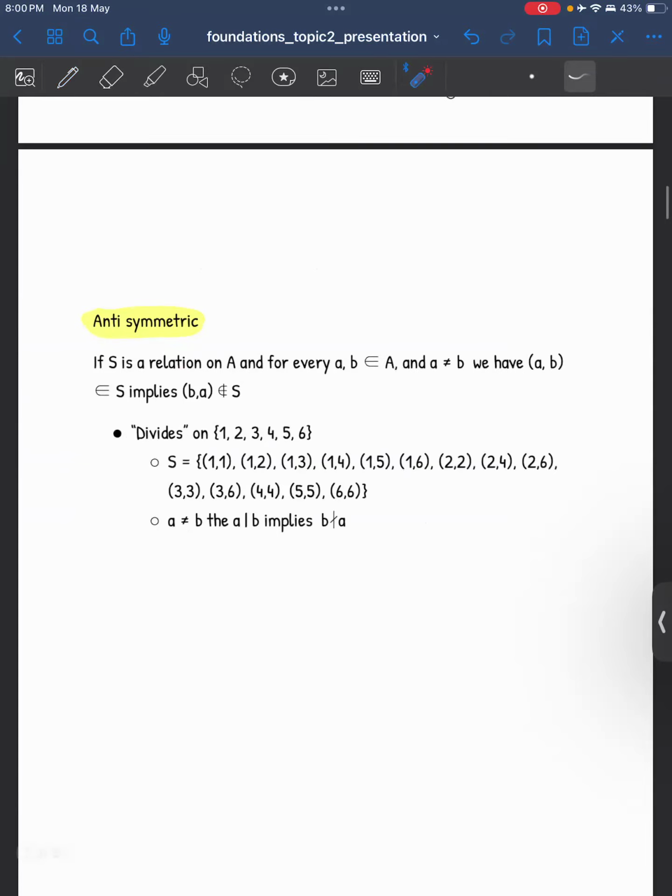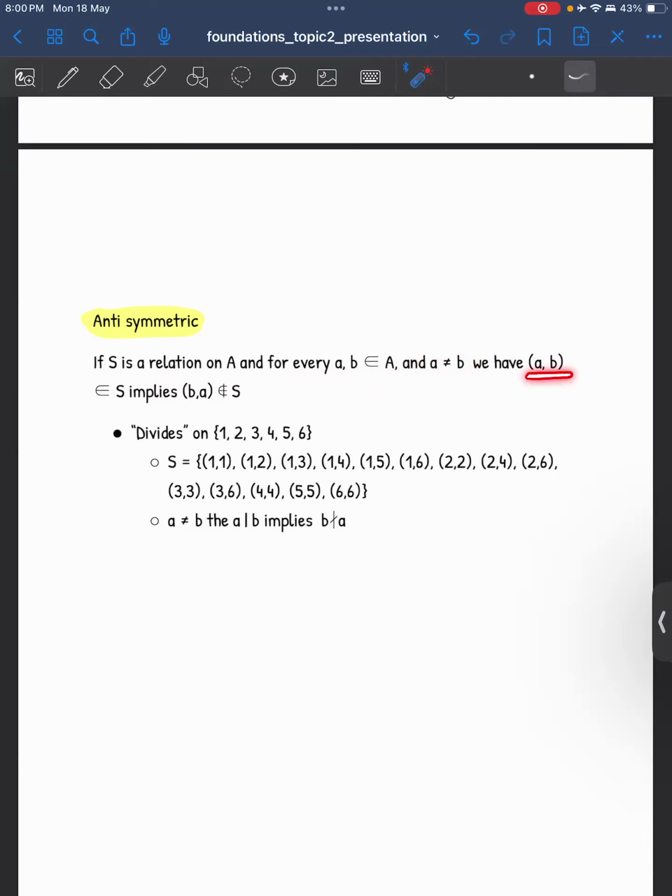The opposite of this is the anti-symmetric relation. This is also an interesting property that ordered sets exhibit. We will not cover them, but I just thought it's good to state it for completeness. So if S is a relation on A, and for every (a, b) in A, and if a is not equal to b, so this is also an important condition. It doesn't hold for (a, a). It just holds when a is not equal to b, so these are different elements.